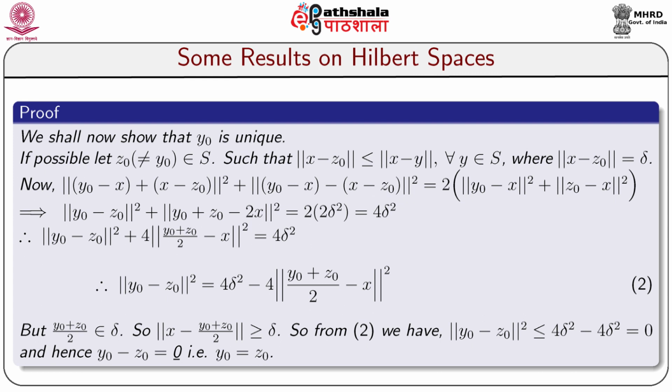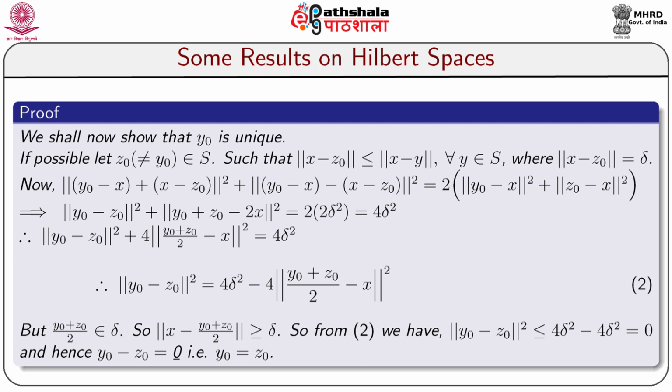So, there exists an element Z0, not equal to Y0, belonging to capital S such that norm of x minus Z0 is less than or equal to norm of x minus y for all y belonging to capital S, where norm of x minus Z0 equals delta.